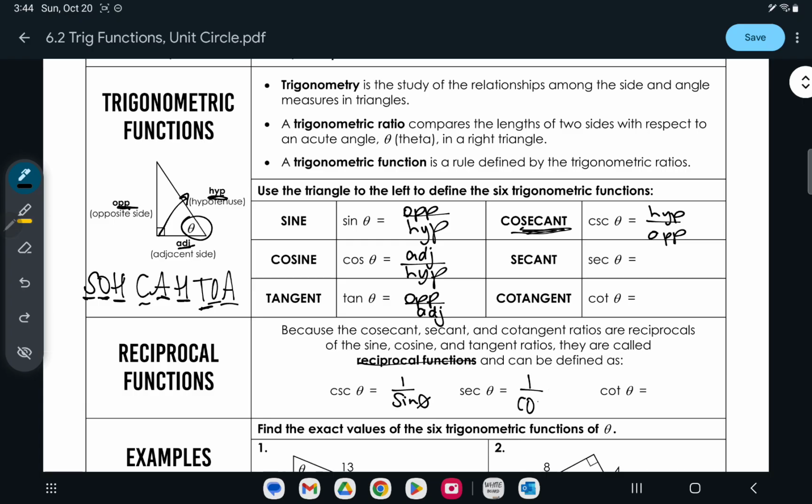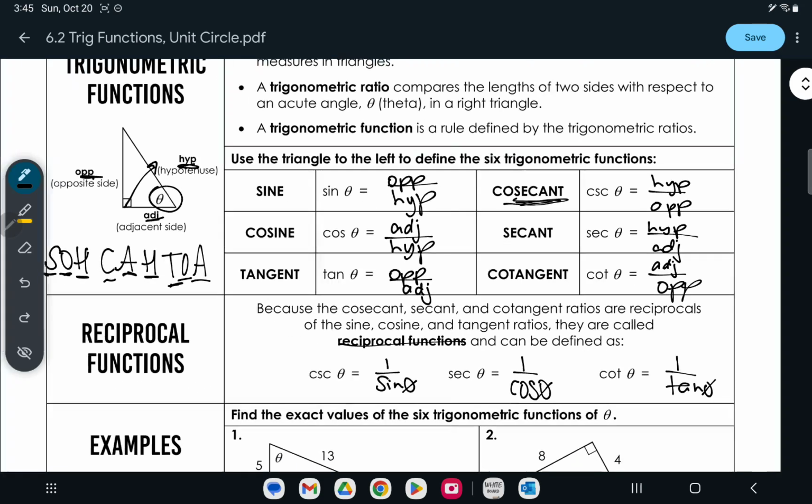Secant is 1 over cosine, so hypotenuse over adjacent. Cotangent is 1 over tangent, so that's adjacent over opposite.